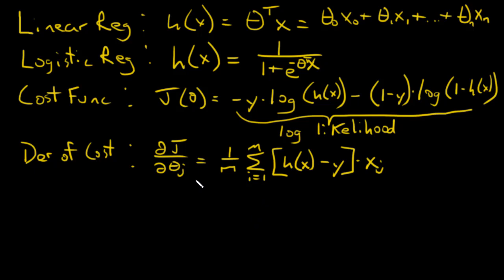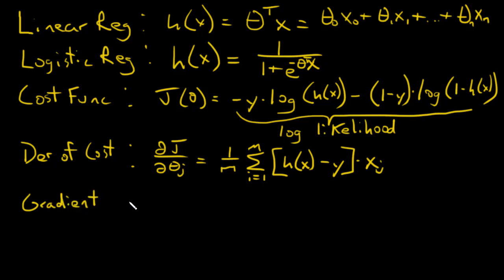That wound up being identical in its functionality to what we saw in linear regression, except the hypothesis function is now different. Now, the last step is we use gradient descent.